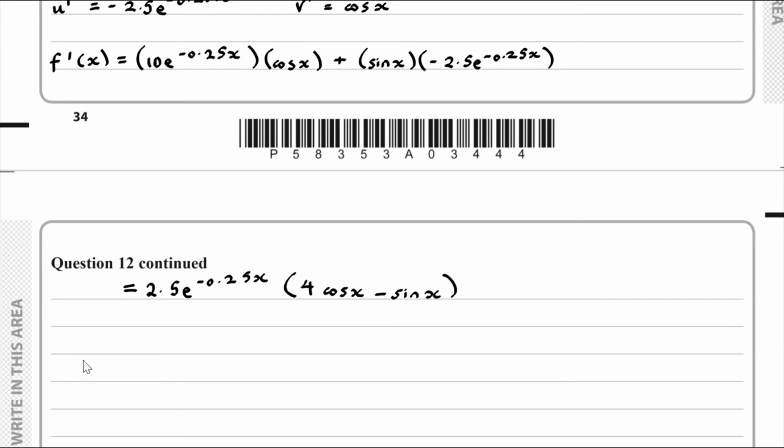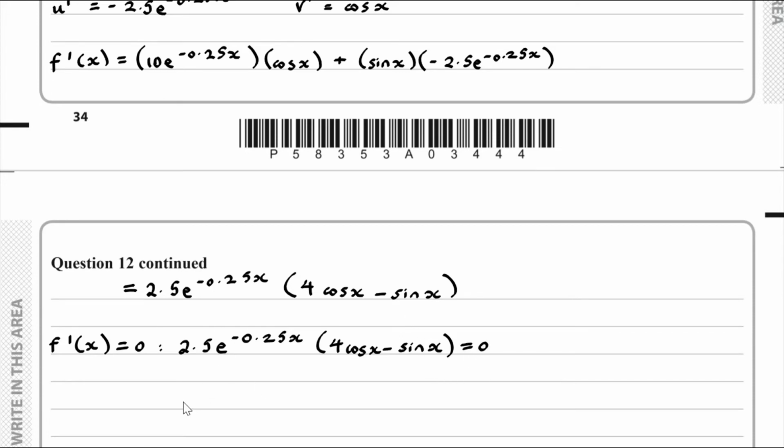Okay, and we're looking at where f dash of x equals 0. So we have 2.5 e to the minus 0.25x times 4 cos x minus sine x equals 0.